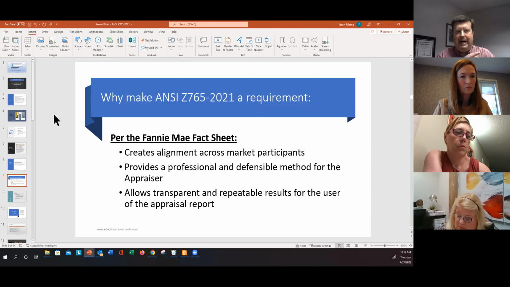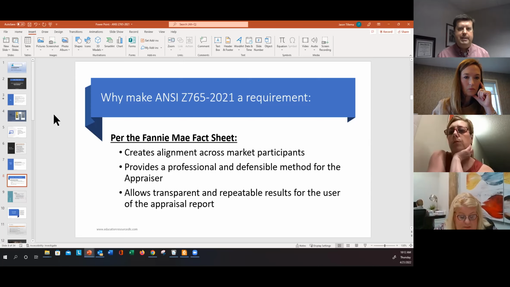I kind of want to highlight this repeatable results. Fannie Mae recognizes that there can still be differences in the square footage, but those differences aren't going to be significant.